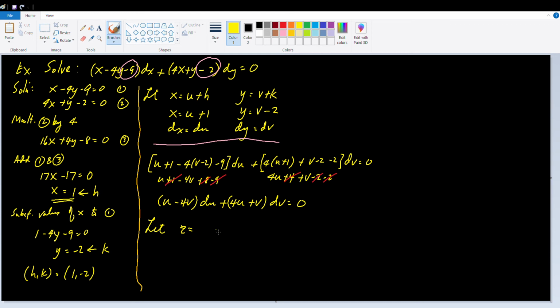So let c be equal to u all over v, or u is equal to v times c, and then the differential du equal to v dc plus c dv. Okay? So another transformation.